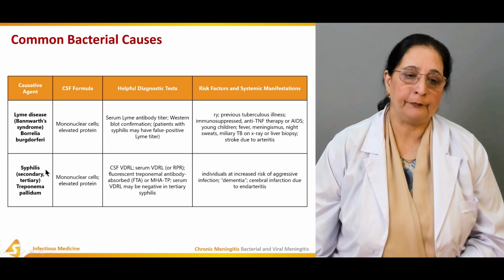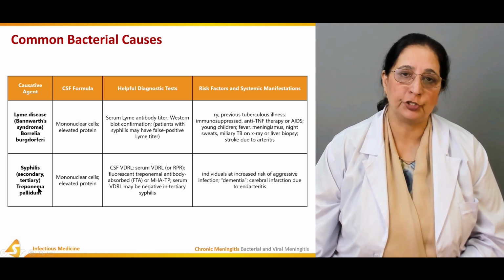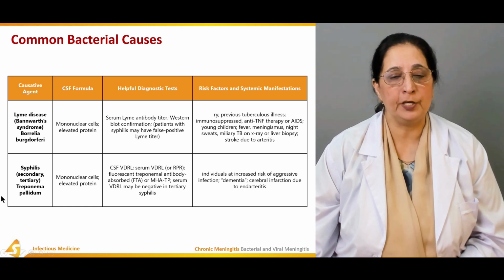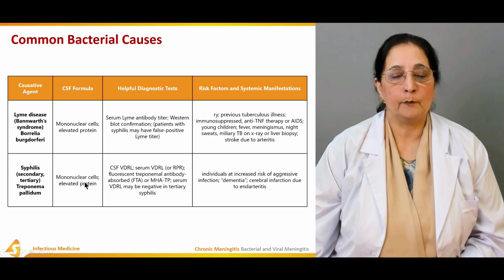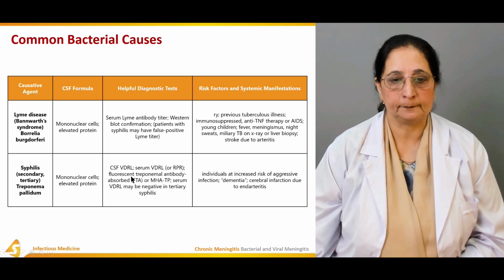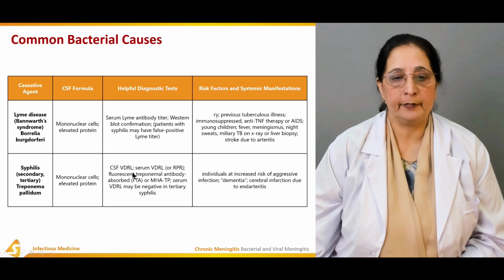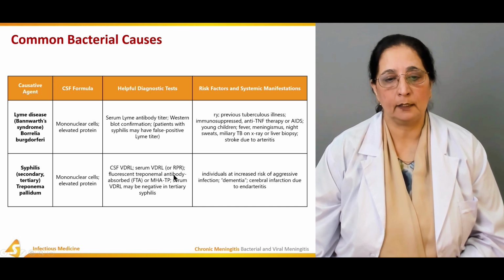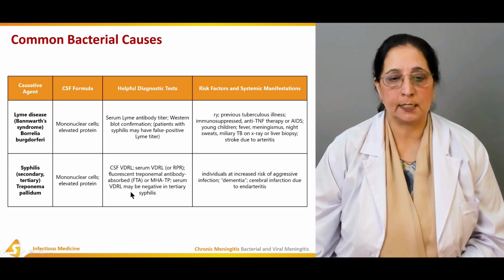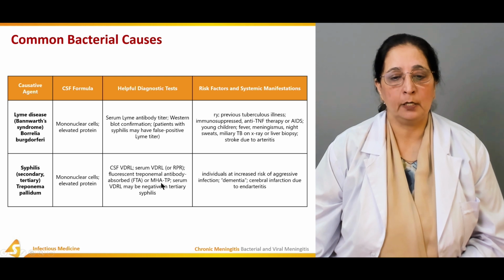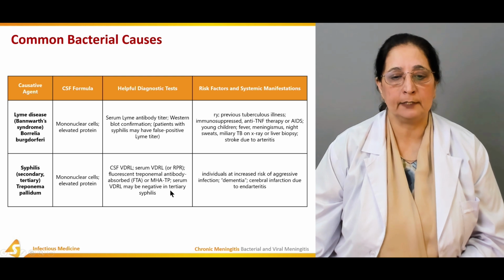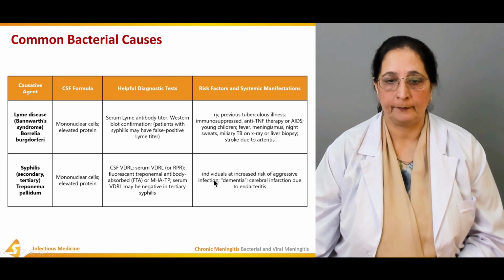Then syphilis. Syphilis can be primary, secondary, or tertiary, caused by Treponema pallidum. There are mononuclear cells, elevated protein, CSF VDRL, serum VDRL, fluorescent treponemal antibody testing, or MHA-TP. Serum VDRL may be negative in tertiary syphilis.